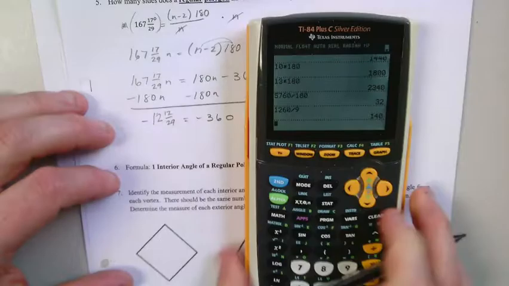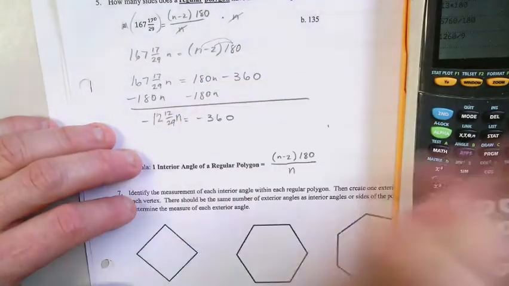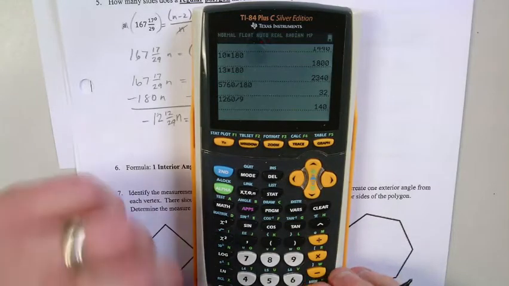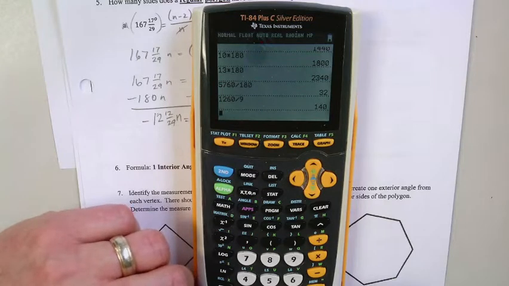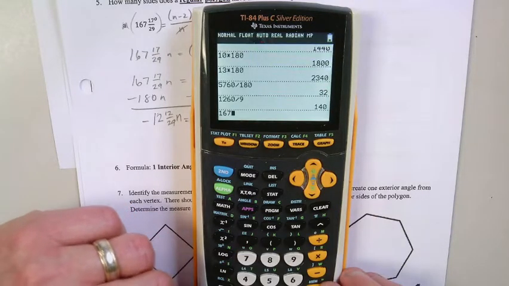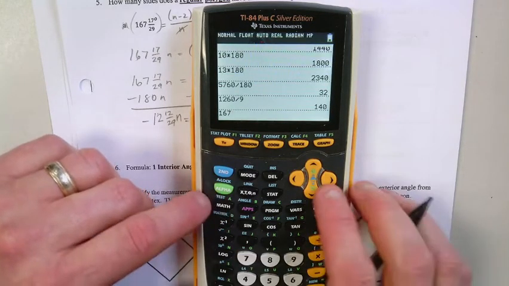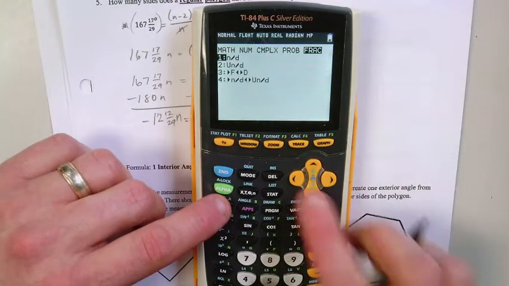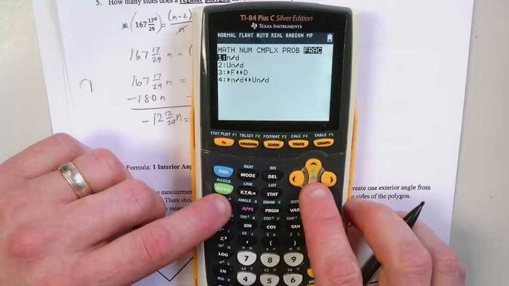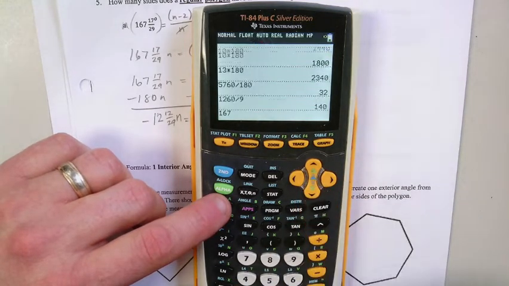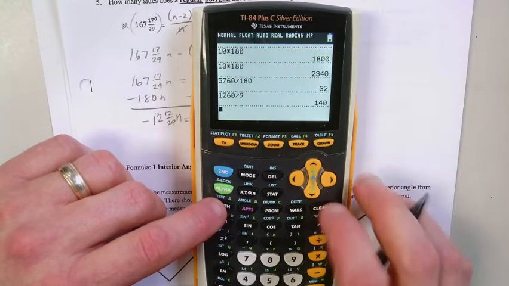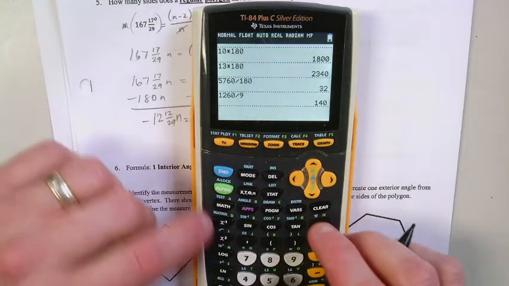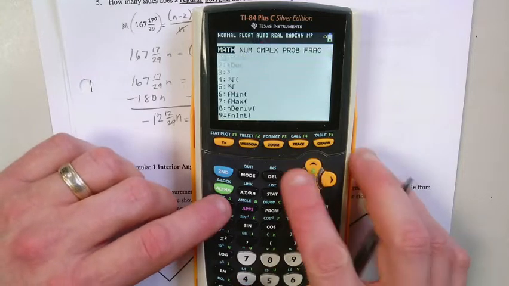Okay, now, here's how you can make sure you get that right, okay? In this calculator right here, I'm going to take 167. Actually, you know what? I think I can go to math. Fraction button right here. I think I can do this right here. Okay, clear that. Let's do, watch what I do here.